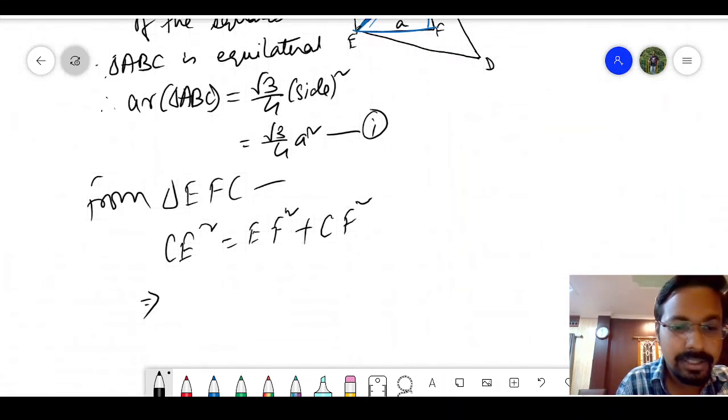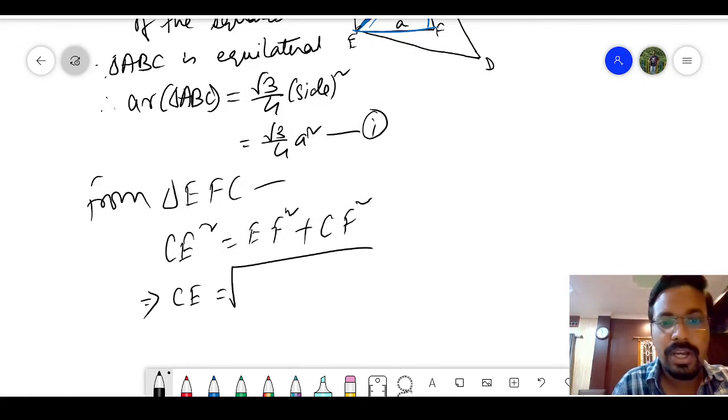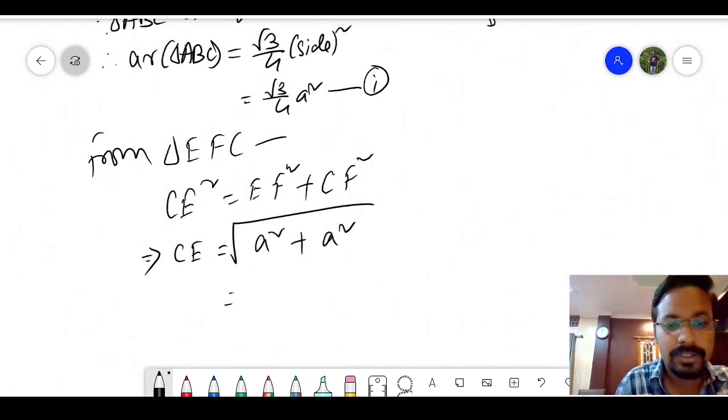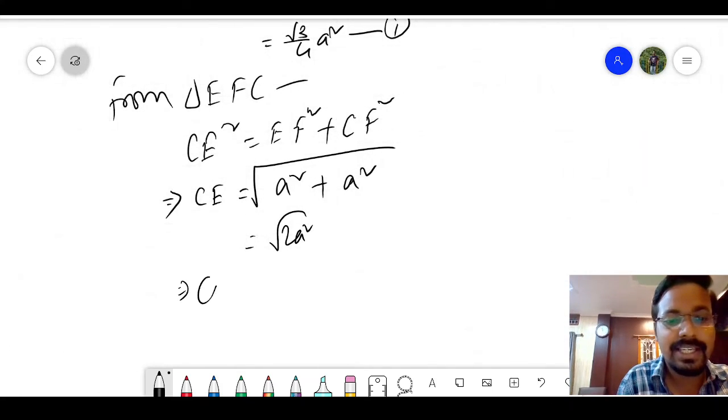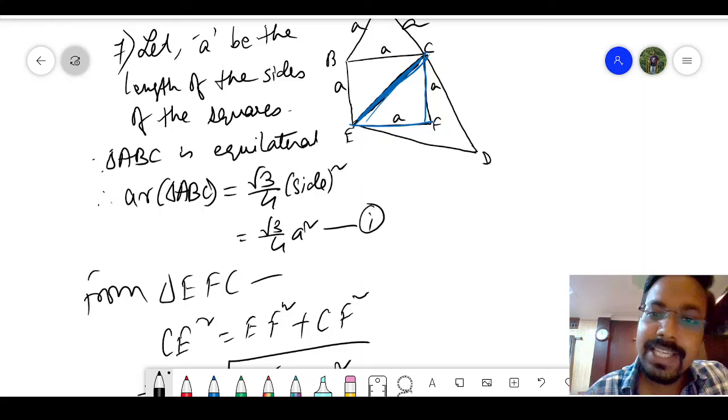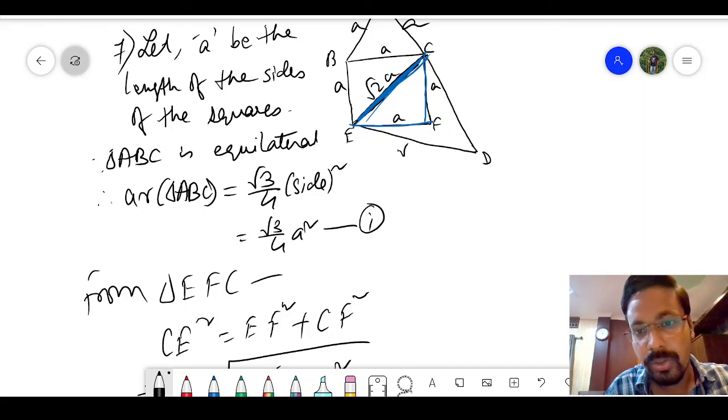CE is our diagonal, that is the hypotenuse. EF is A and CF is also A. So it is root over twice A square. So ultimately CE is equal to root 2 into A. Now that we have found CE as root 2 into A, this is also going to be root 2 into A and this is also going to be root 2 into A.